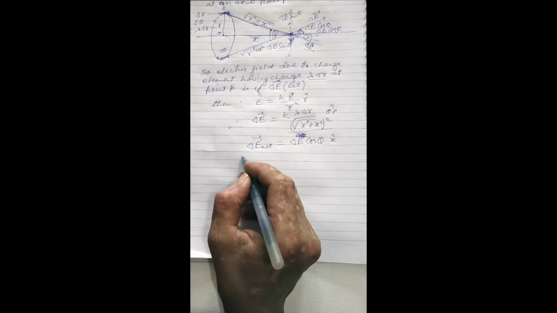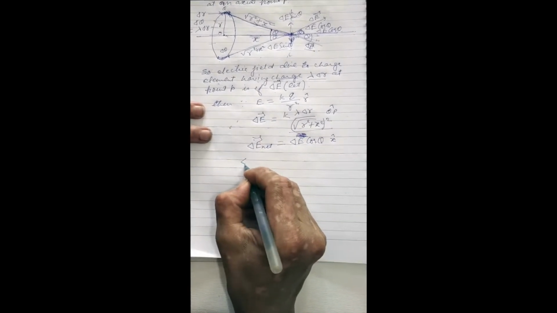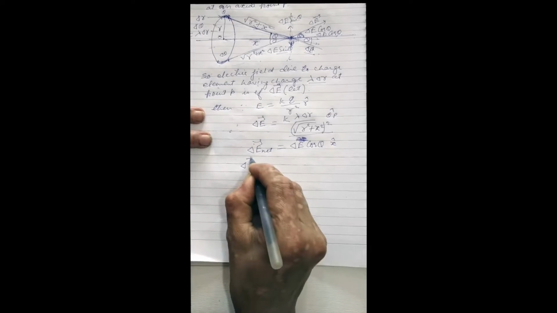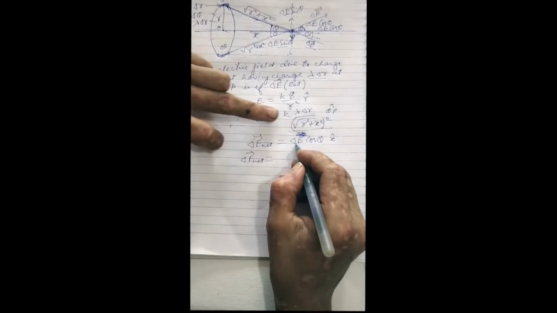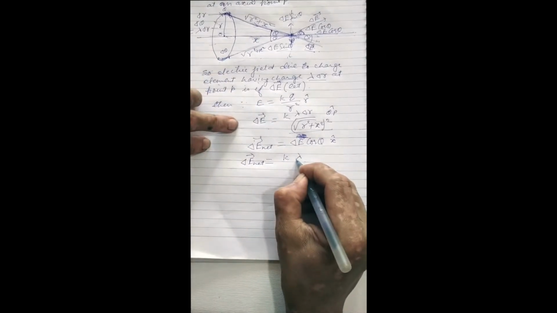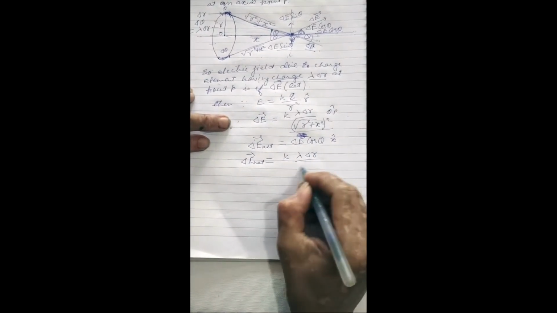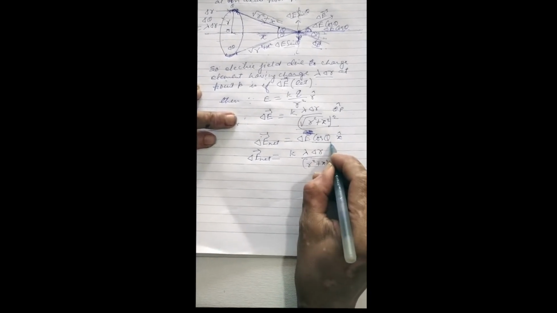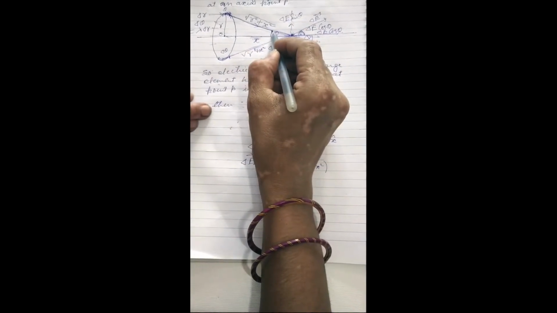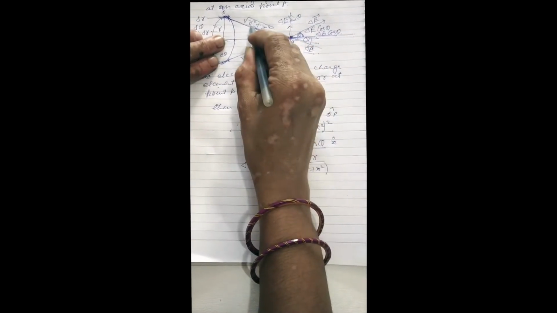Okay, then we'll be writing electric field net is equal to del E is equal to k lambda del r by r square plus x square into cos theta, and cos theta from here we can find, cos theta is equal to base by hypotenuse.